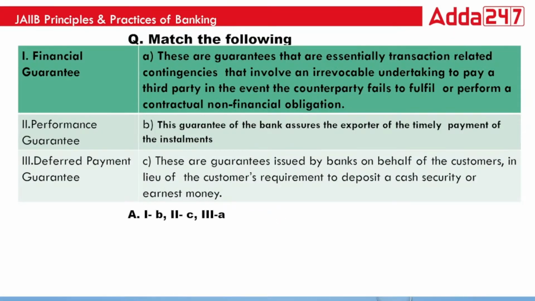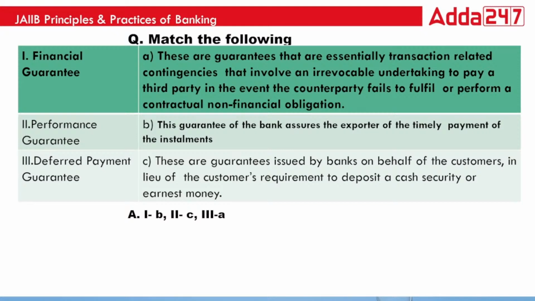Now let's solve some questions based on what we have studied so far. So the first question is match the following. Financial guarantee, performance guarantee, deferred payment guarantee. In the second section we have: A, these are guarantees that are essentially transaction related contingencies that involve an irrevocable undertaking to pay a third party in the event the counterparty fails to fulfill or perform a contractual non-financial obligation.